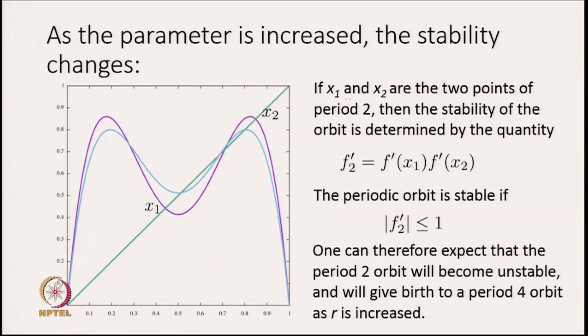Now, as you keep changing the parameter, the stability of the fixed points changes. Recall that if x1 and x2 are the 2 points of the period 2 orbit, then the stability of the orbit is determined by f2 prime, which is the derivative of the map at the first point x1 times the derivative of the map at the second point x2. The periodic orbit is of course stable if the modulus of f2 prime is less than or equal to 1.